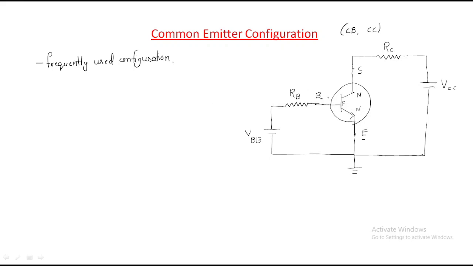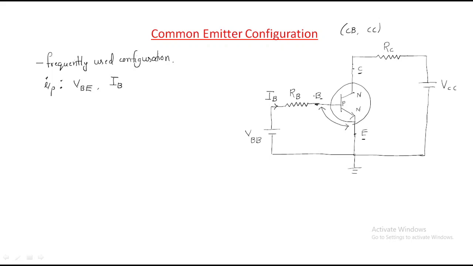In this, our intention is to give some input and get some output. First we have to look at what the input terminal is. The base-emitter terminal is the input terminal. What is the input current? The current entering from the base is the input current. So the input voltage is the base-emitter voltage and the input current is the base current.